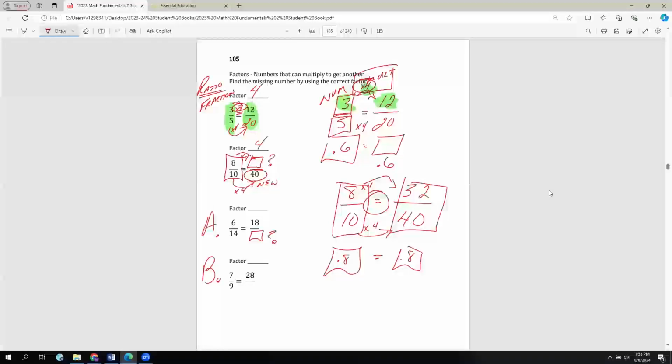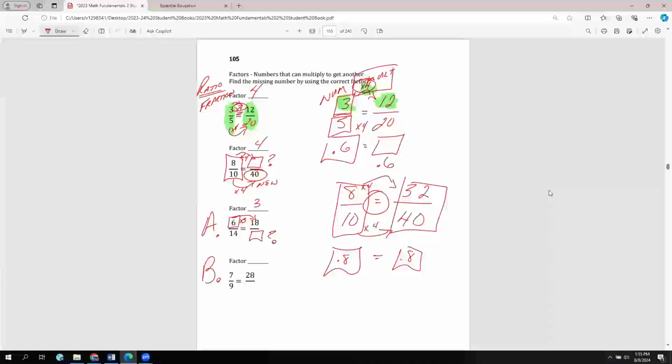All right. So again, in order to figure out what that missing number is, you have to use the clues that were given to you. You'll notice that the 6 is being changed to an 18. So that's your clue. That's how you know what I have to multiply by. In order for 6 to become 18, you have to multiply by 3. So that's the factor I'm going to be using to change this fraction.